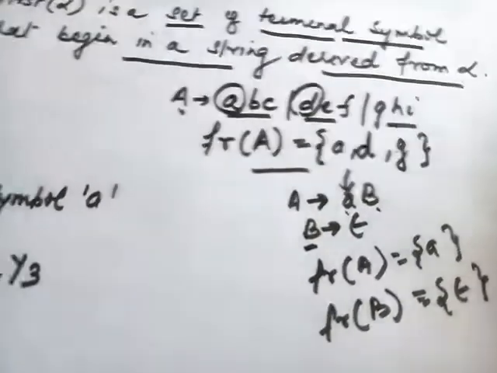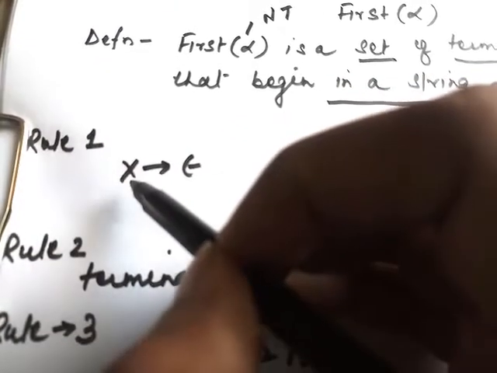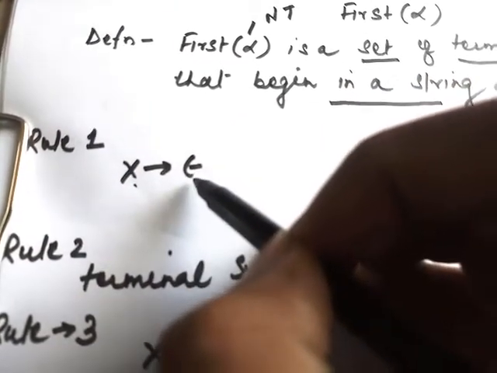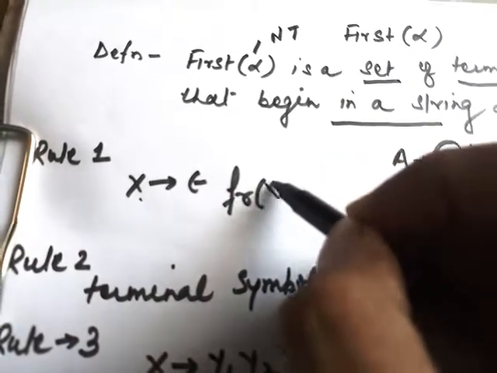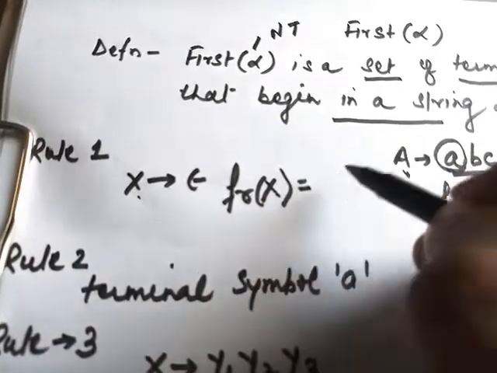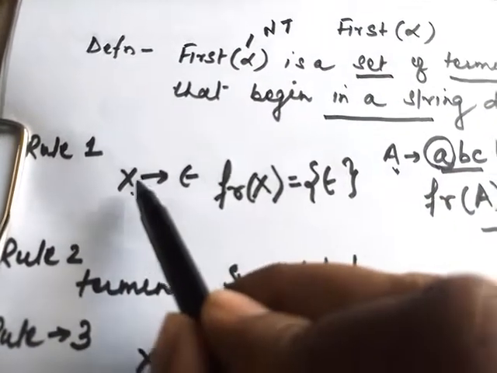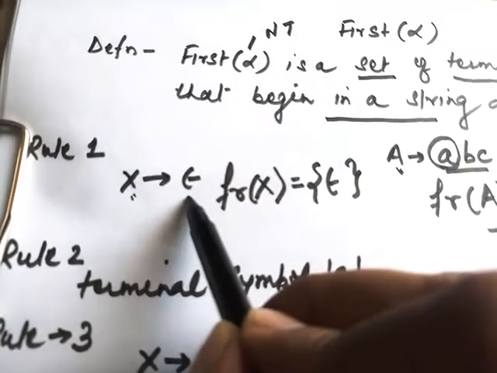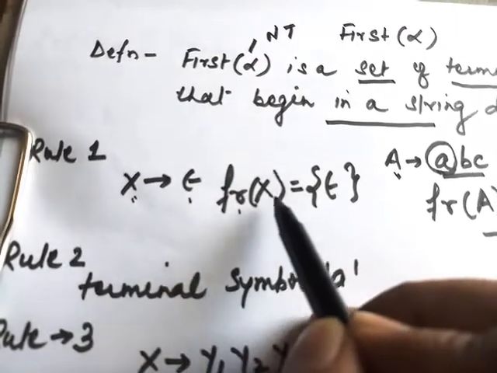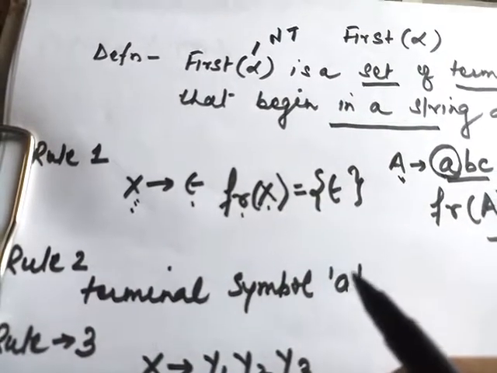So we'll see some rules also. Rule number one: if a non-terminal X generates epsilon, then the first of that X will be epsilon itself.